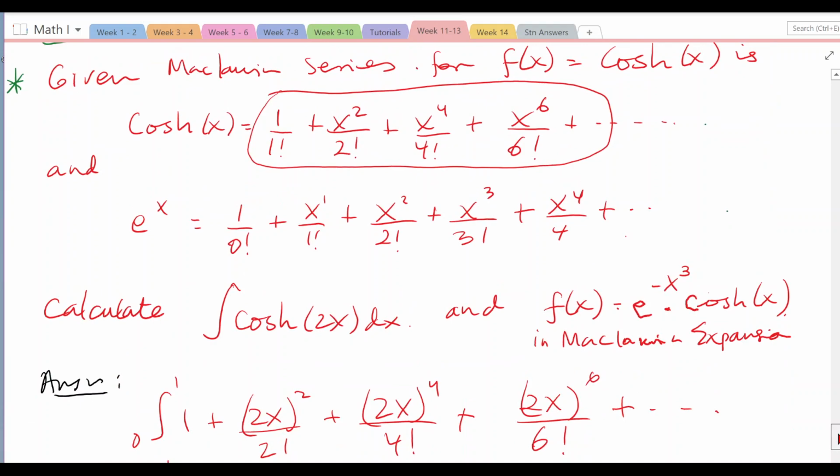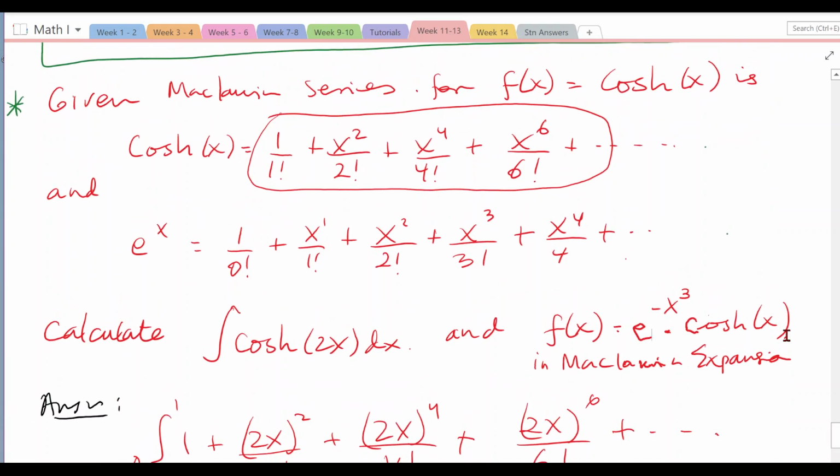Given a Maclaurin series for the function cosh x, given here: 1 plus x squared divided by 2 factorial, x to the 4 divided by 4 factorial, x to the 6 divided by 6 factorial, and so on. That's the Maclaurin series for cosh, because you can see here the center equals 0, there is nothing plus or minus, x minus 0.